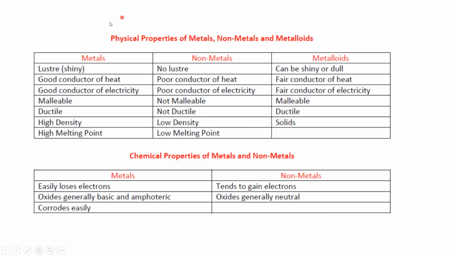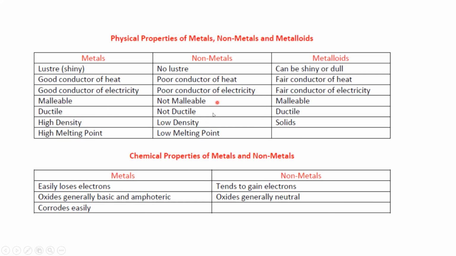Ductile means you can stretch them into wire, because the layers can slide, so we can make wires. So malleable means we hammer into shape or into sheets, and ductile means we can stretch them into wire. Non-metals are not ductile, metalloids are also ductile.